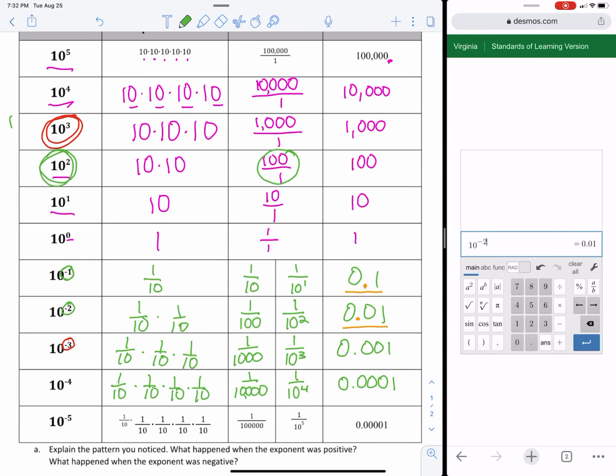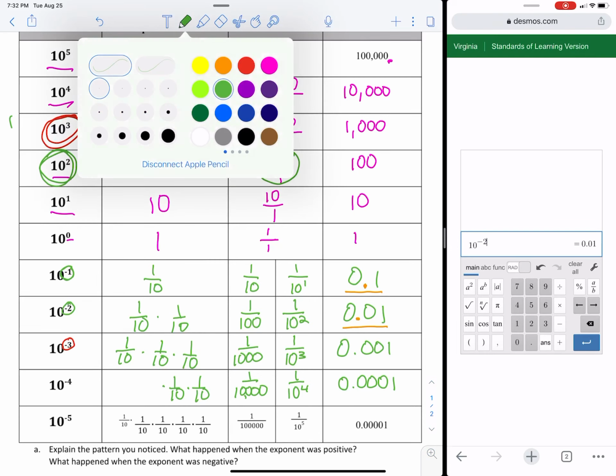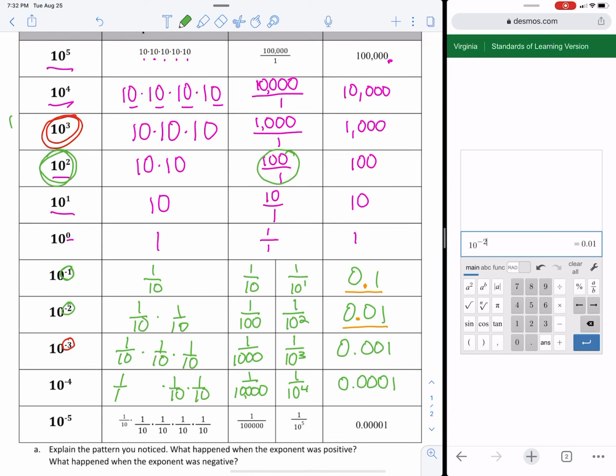The last one is 10 to the negative 5 power, and that one's done for you. So we have 1/10, 5 times. So then we also have 5 zeros in the denominator, and then 1 over 10 to the fifth power.